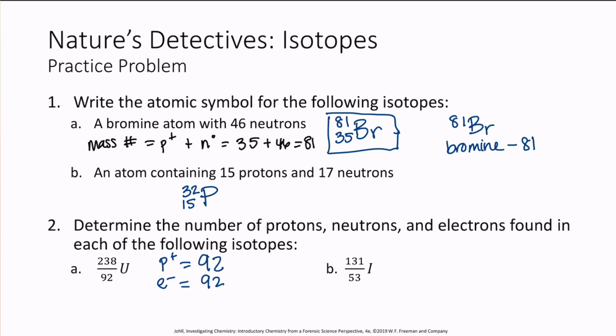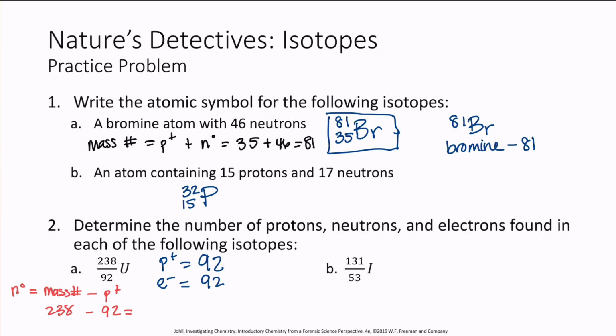Now I can calculate the number of neutrons using the mass number. So my number of neutrons is going to be equal to the mass number minus the number of protons. So it's going to be 238 minus 92. Calculate that out.